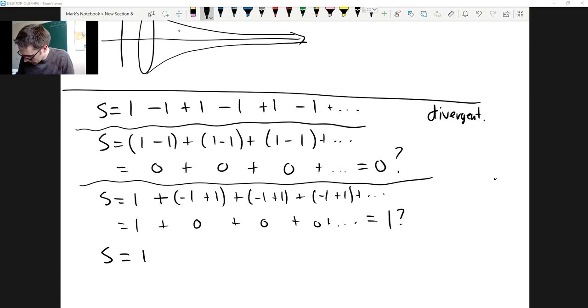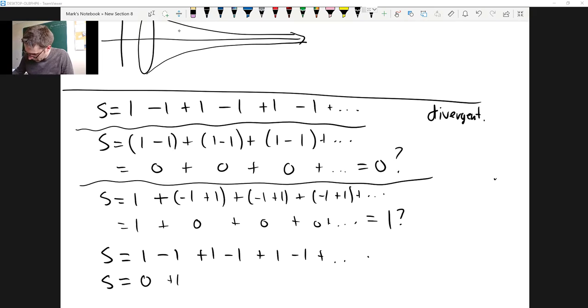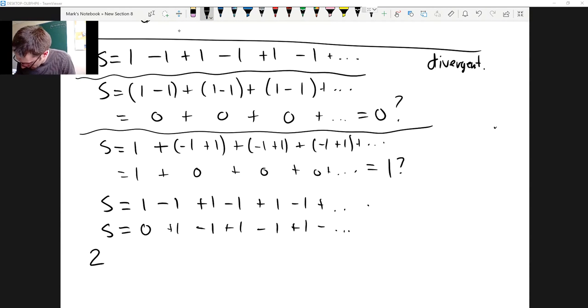Let's think about the sum s equals 1 minus 1 plus 1 minus 1 plus 1 minus 1. And then down below, I'm going to write that sum in a slightly different way. I'm going to put a 0 first. And then I'll just add all the other terms. Okay? And now, let's add those two things together. All right, so s was the thing that we wanted. If we add the left-hand sides, we'll get 2s.